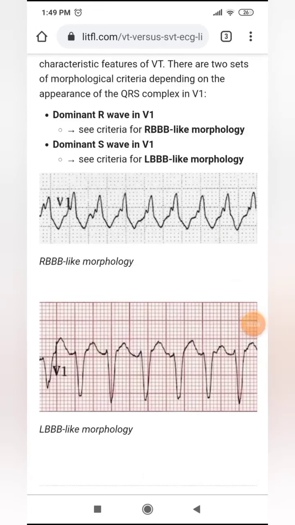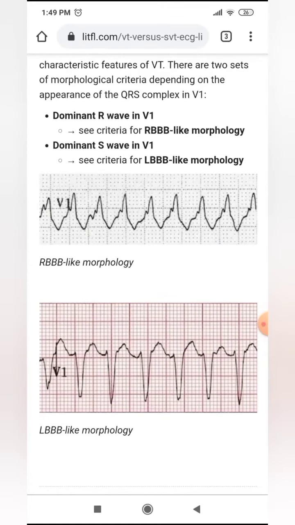As far as the morphology of the QRS complexes is concerned, if they are typical of RBBB or LBBB, then most likely it's SVT and not ventricular tachycardia. Just see in these figures, the upper figure demonstrates the morphology of RBBB in V1. We can see that the right rabbit ear is taller than the left rabbit ear, and the QRS is broad with T-wave inversion and all those.